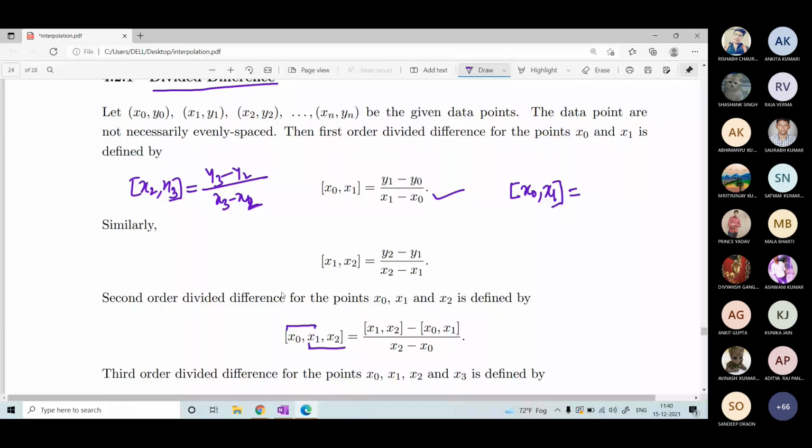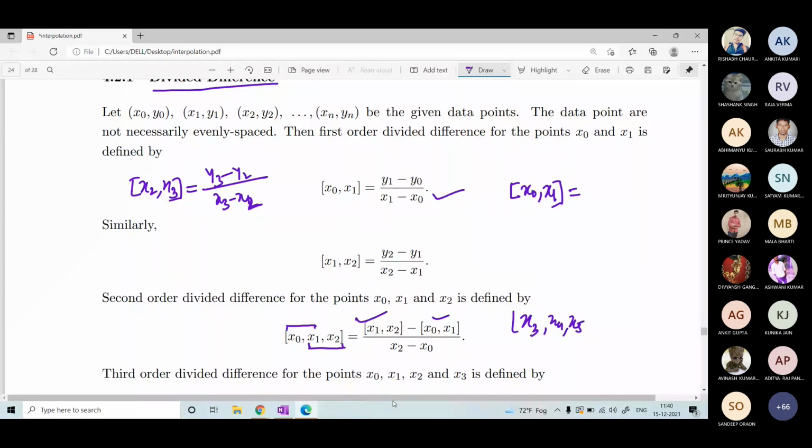That is, the divided difference of x1, x2 minus the divided difference of x0, x1, by x2 minus x0. So what will be the divided difference of x3, x4, x5?